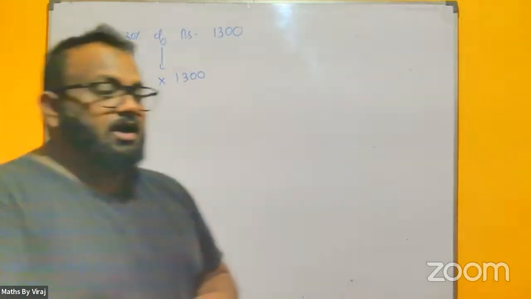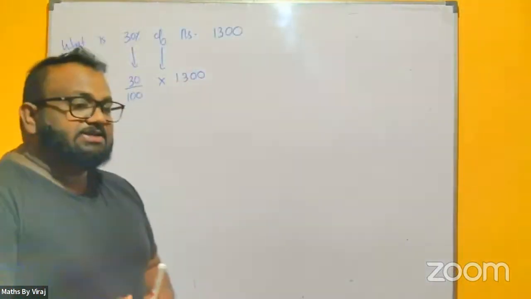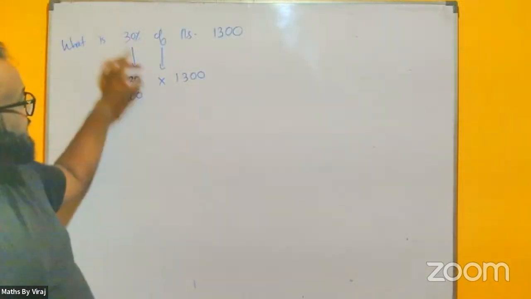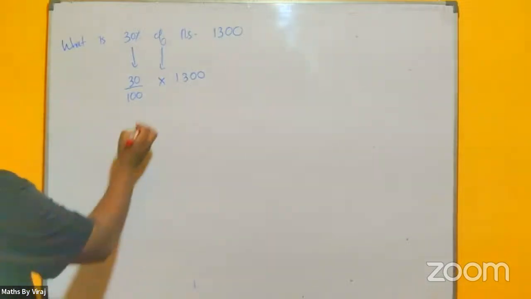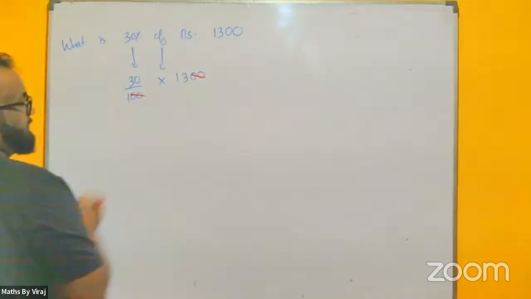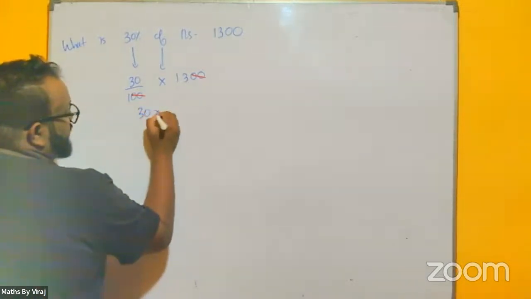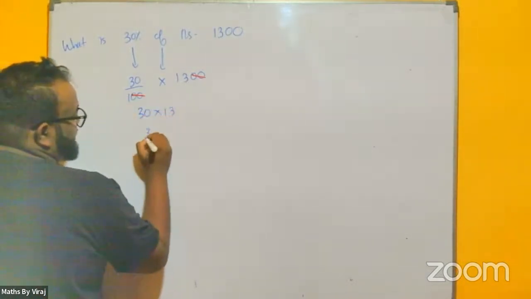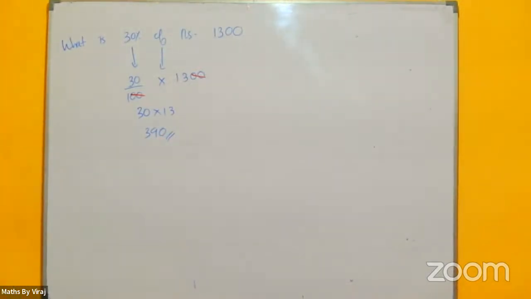Again, we can't do calculations with 30 as a percentage, hence we convert it, of as multiplication, 1300 as such. We cancel them. What are we left with, children? 30 into 13 is 390.